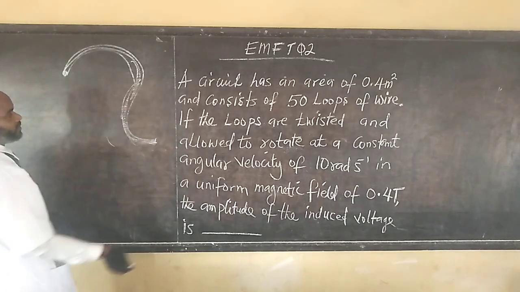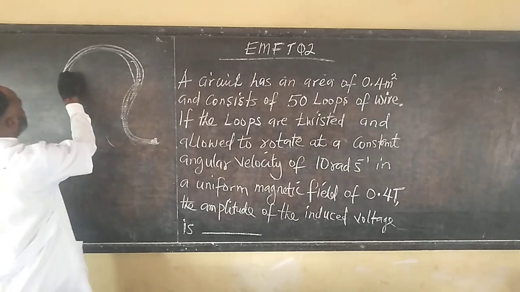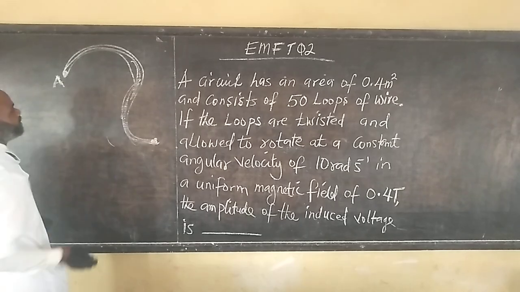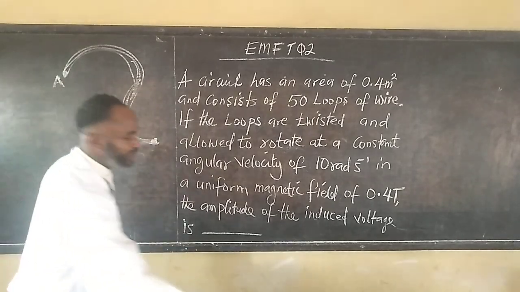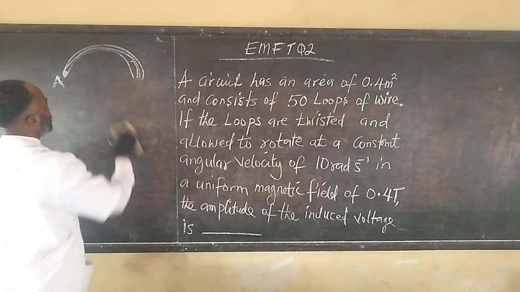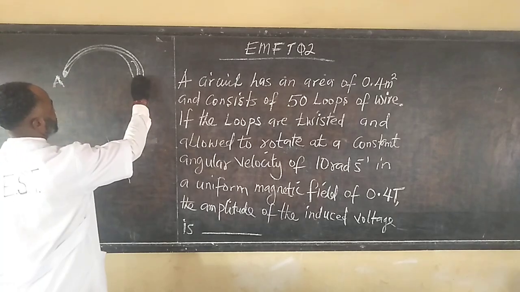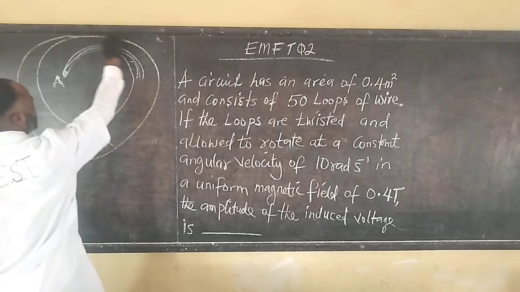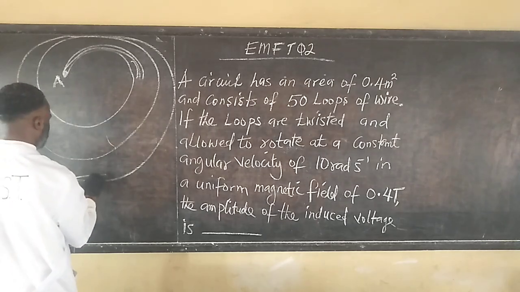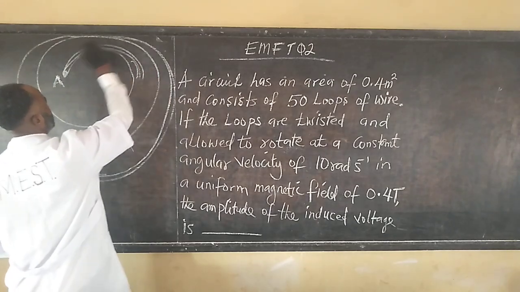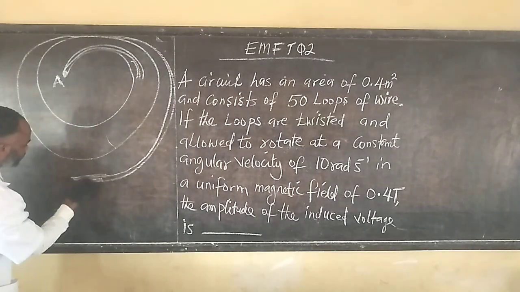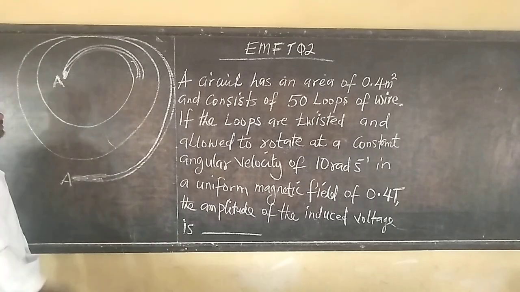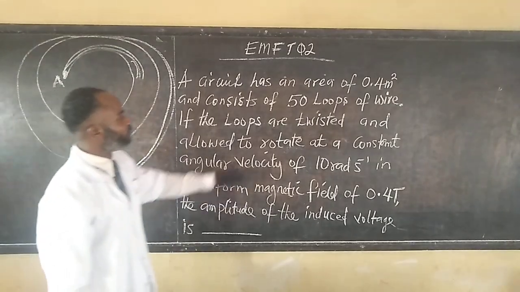Number of turns. If this represents the cross-sectional area A, or rather we take something like this, first one, second one, and third one, this represents a cross-sectional area of the core A. The same thing here, A. So we are talking about 50 loops.